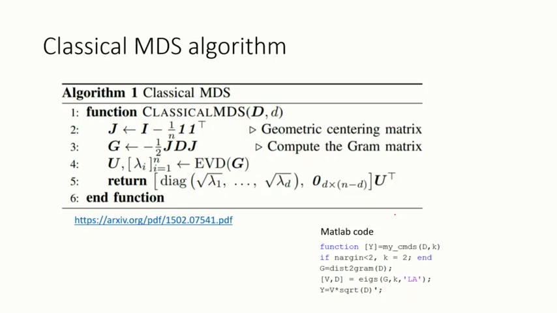But internally, you need to do this formula to convert that to a Gram matrix and take the eigenvalue decomposition and return this, and then you reconstruct your map and it gives you the position of those cities on this map. And this piece of code is to do this. Give it a distance matrix, and you find the best solution for the arrangement of those cities on the map.